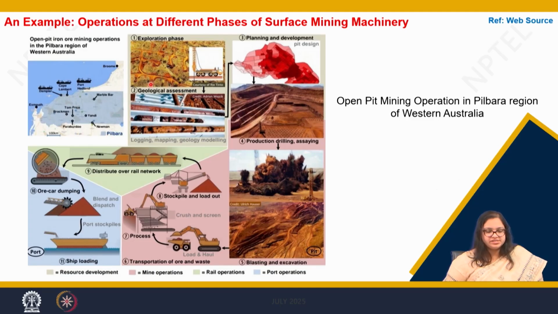Here you can see the exploration phase, where we use a drill rig, then the geological assessment, where we get this kind of core, then from the planning and development stage to production drilling, to the blasting and excavation, and then finally on to the ship loading. There are various machineries that are used for making these operations happen successfully.